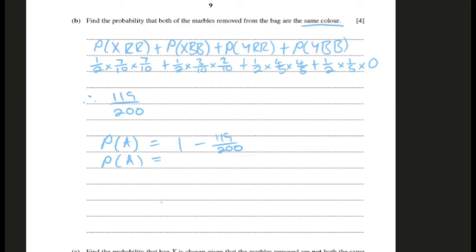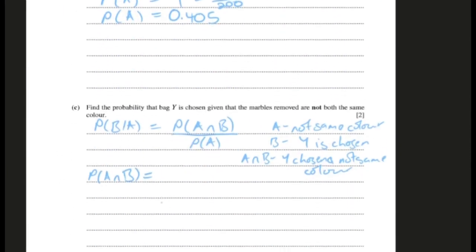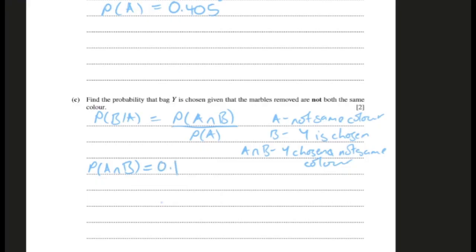So the probability of A intersection B is 0.18, and probability of A is 0.405. Now we can substitute into the formula for conditional probability, and that's 0.18 over 0.405. Punch that into your calculator, and that gives us 4 over 9 as our final answer.